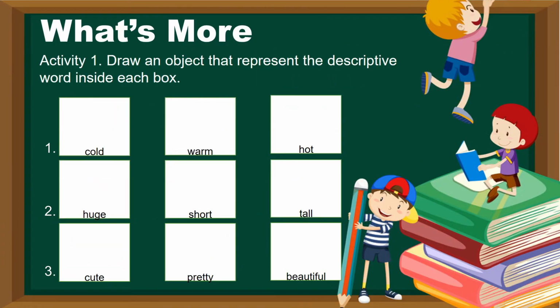Let's have more activities in What's More. In Activity 1, you are going to draw an object that represents the descriptive word inside each box. Number 1, cold, warm, hot.